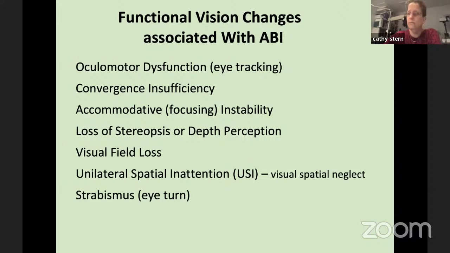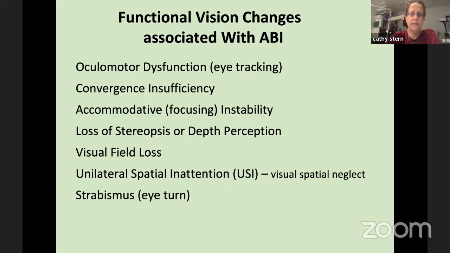And so what are some of the functional changes that are associated with brain injury? We do know that when we make diagnoses, we may be talking about an oculomotor dysfunction. We may be talking about convergence insufficiency.